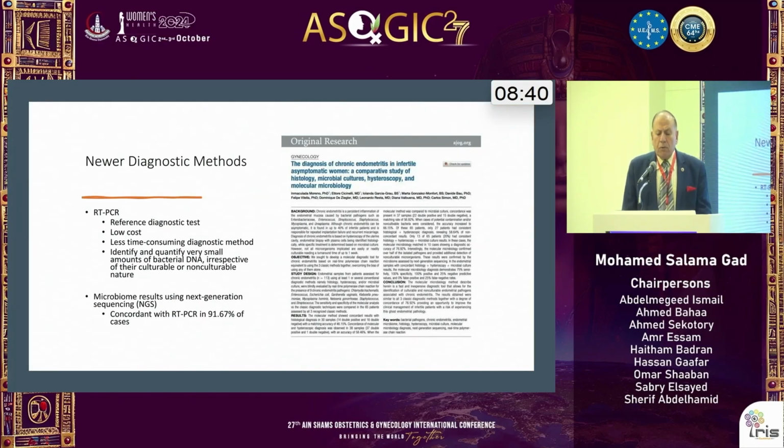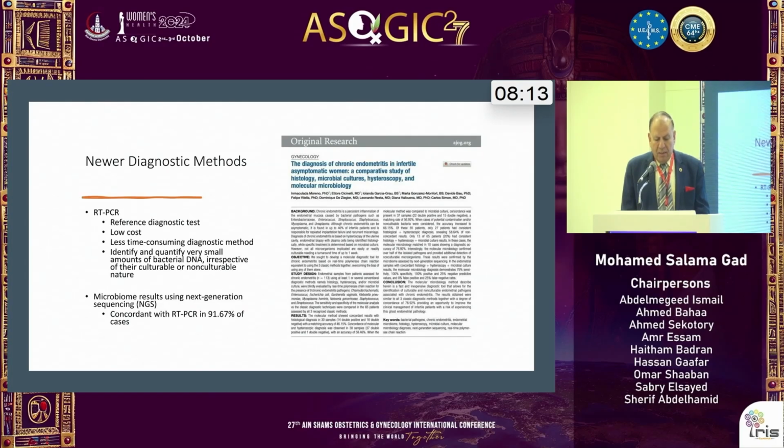What are the newer diagnostic methods? PCR, as we know, is a good diagnostic test. It is low cost, less time consuming, and identifies and quantifies very small amounts of bacterial DNA, irrespective of the culturable or non-culturable nature.